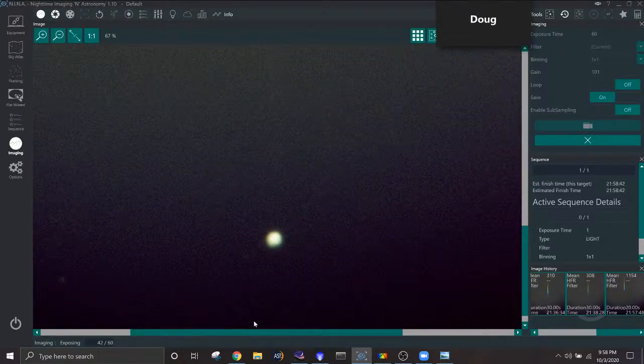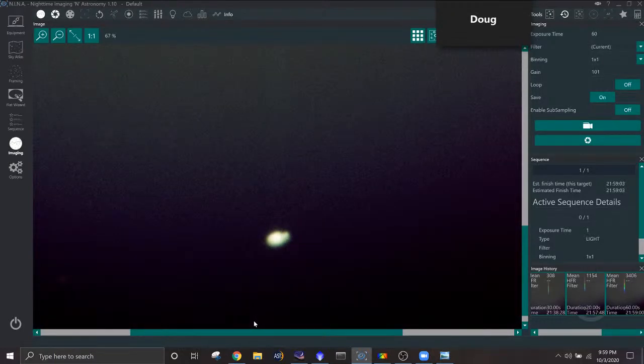But they're faint. No question about that. Very hard to capture. Here we go. Well, it's definitely a planet.